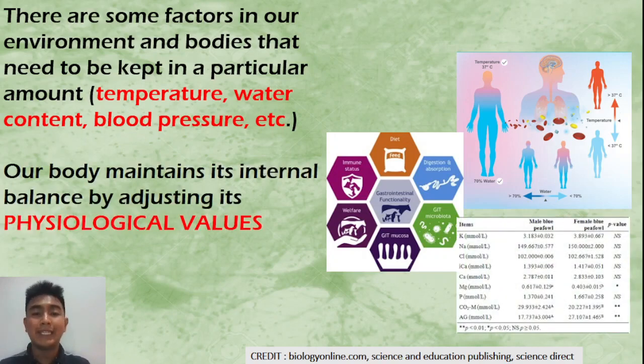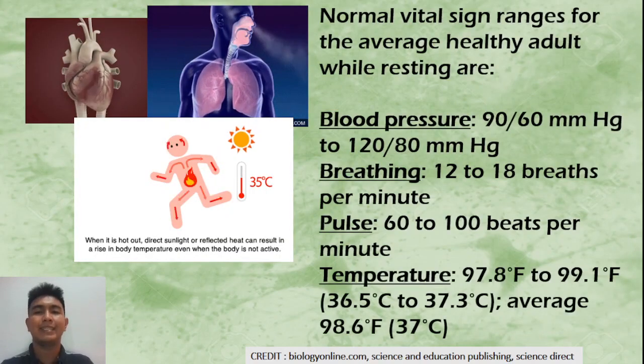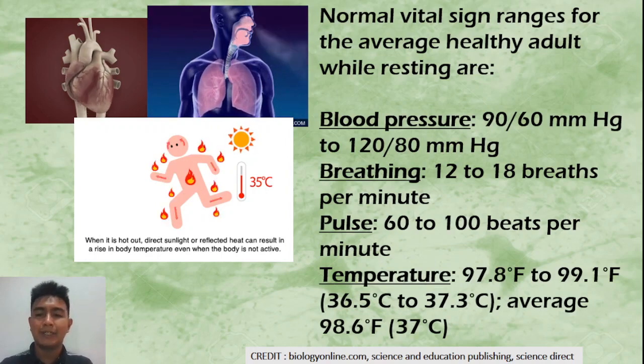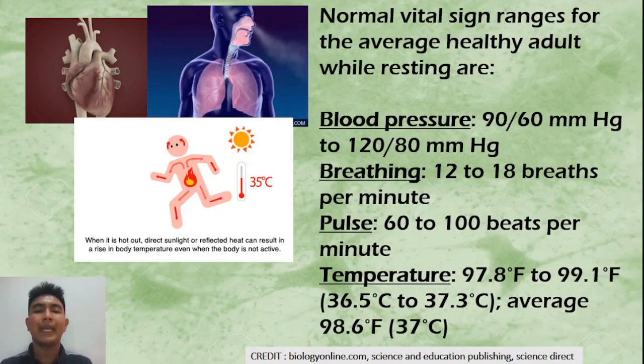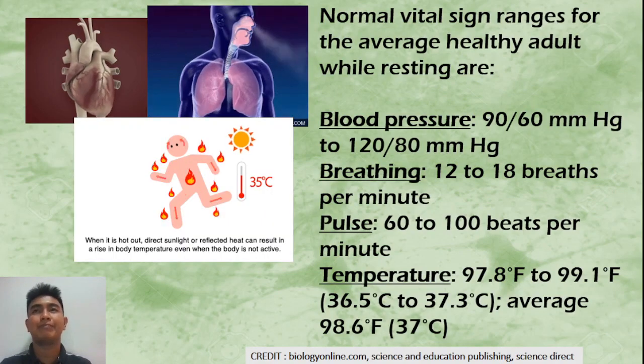Our body maintains its internal balance by adjusting its physiological values: the nutrients in our blood, the bacteria that we have in our skin and in our gut, and even our breathing and pulse. Those are normal vital signs. Those normal vital signs are signs of balance inside our body, that it is working well and at an optimal level. Blood pressure, breathing, and pulse are actually good indicators if you are living healthy.